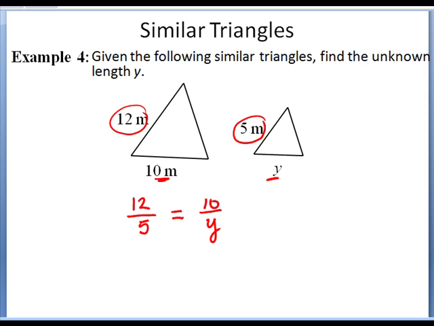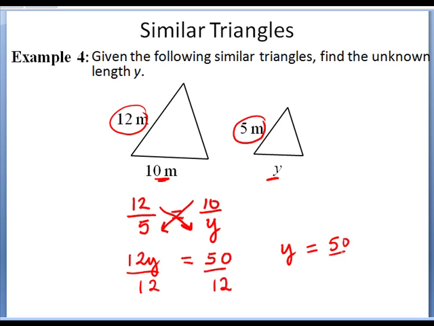So now just solve for y. I take 12 times y equal to 50, because 5 times 10 is 50, divided by 12. So y equals 50 over 12. I'm going to simplify a little bit. I have 25 over 6. So that's the answer.